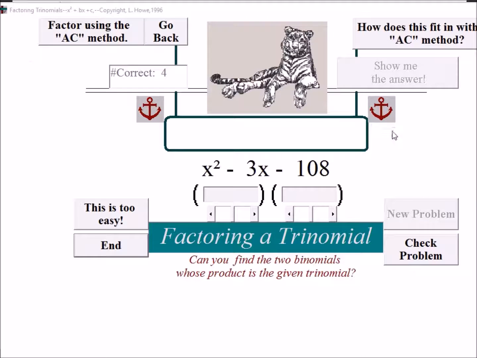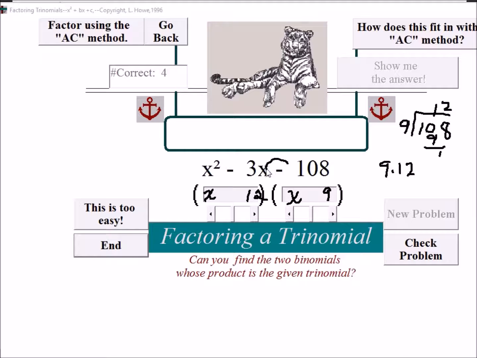So I'm going to guess, let's see, 9 into 108 and find out what the other factor is. 9 goes into 10 once. 18, it looks like it's 12. Oh my goodness, 9 times 12 gives me 108. And are they 3 apart? We found the winners. So it has to be x and x, 12 and 9.